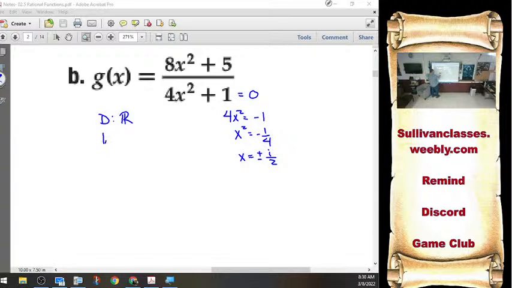So that means my vertical asymptotes, there are none, but there is a horizontal asymptote. If you know the trick, go ahead and use it. If you don't know the trick, start poking buttons on that calculator and see if you can figure out what is that horizontal line that this thing won't cross.